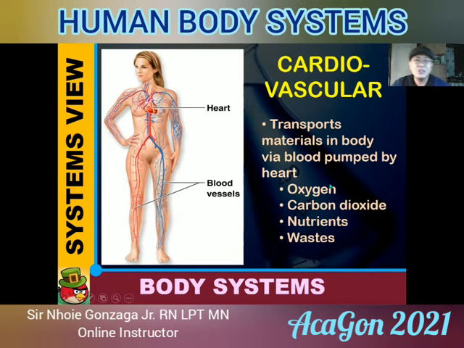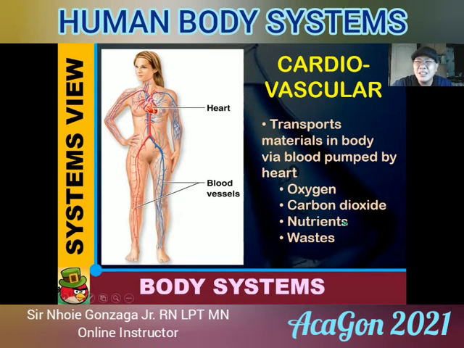So what is being circulated by the blood from the heart? It's oxygen. What is being carried from the body towards the heart so that it can be cleansed? It's the carbon dioxide. What is carried by the blood through the rest of the body? It's the nutrients that our body needs.